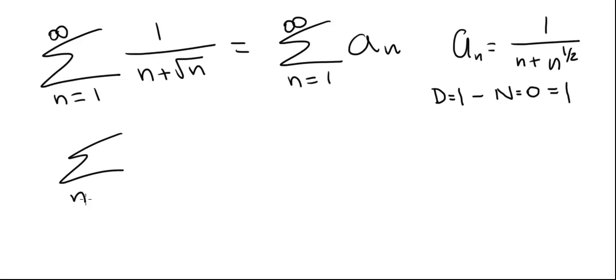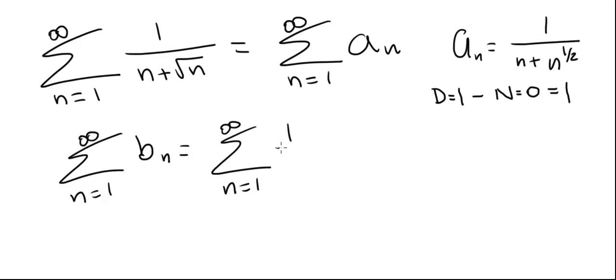So the B sub n series will be the simplest possible series where the difference in the highest power of n in the denominator minus the numerator is 1, and the simplest such series is the harmonic series, 1 over n. This is the harmonic series, and we know, of course, that this series diverges.